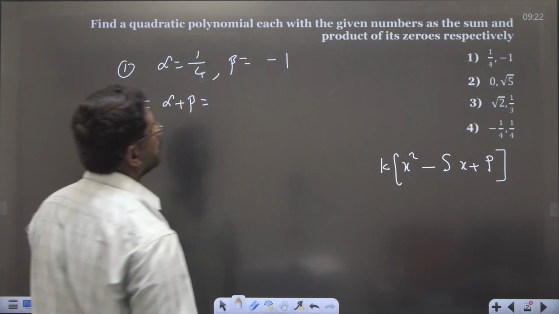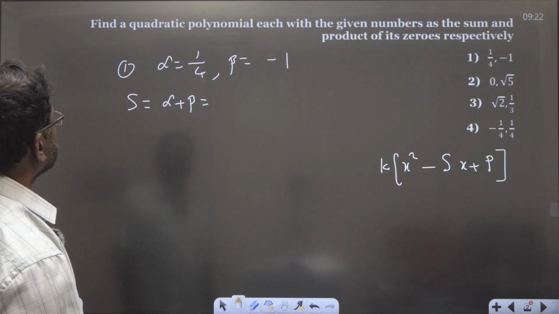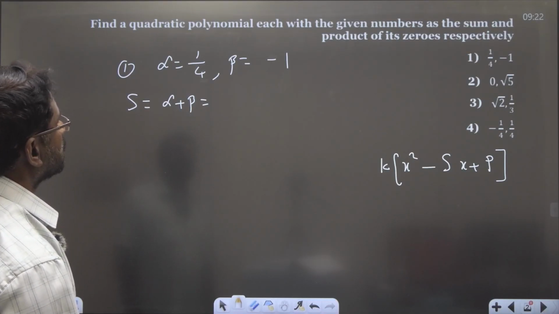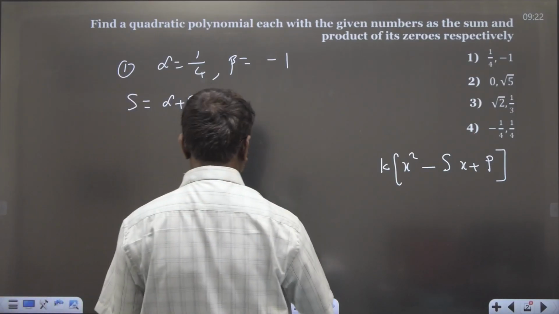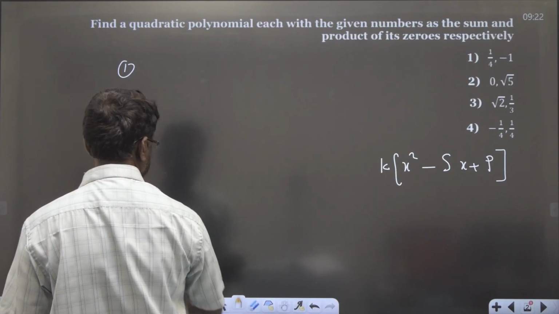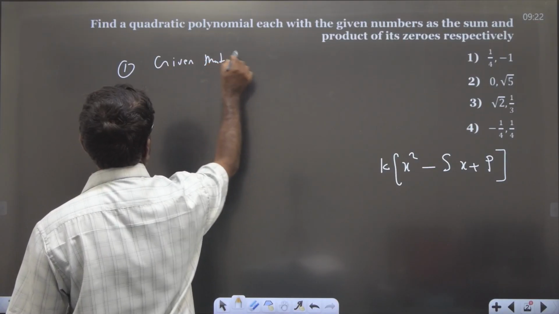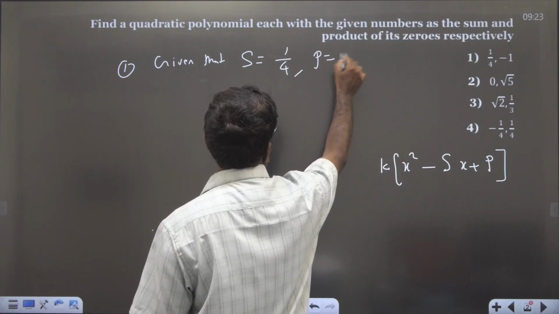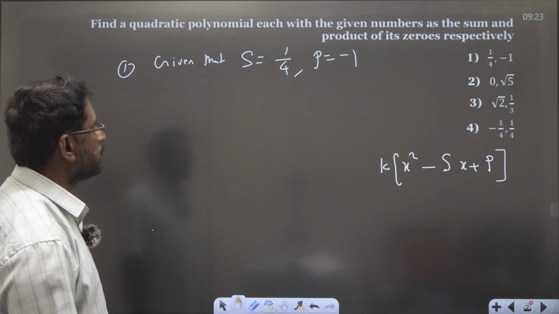The question says: find a quadratic polynomial each with the given numbers as the sum and product of its zeros. Directly given, not alpha and beta. Given that s is equal to 1 by 4, p is equal to negative 1.